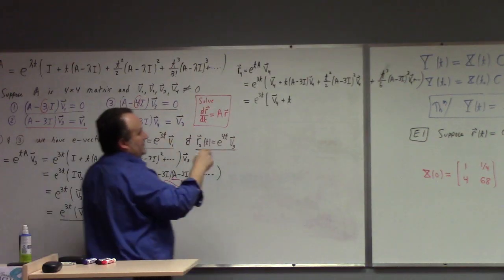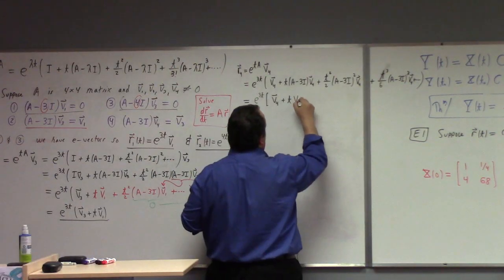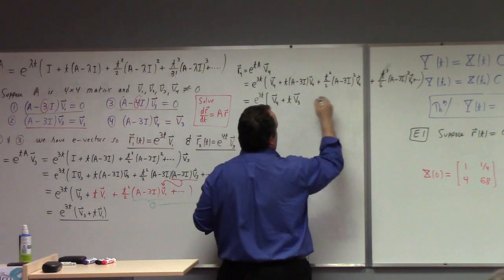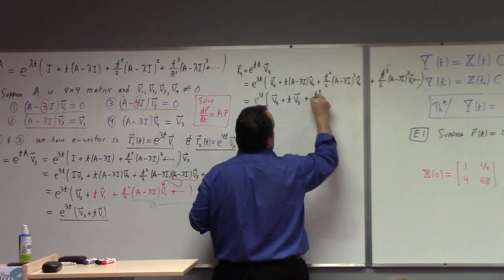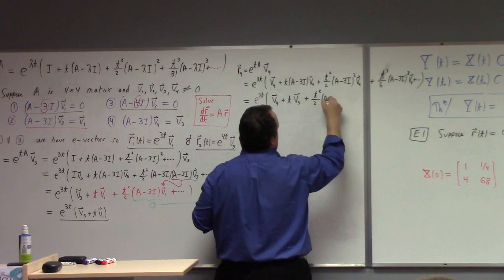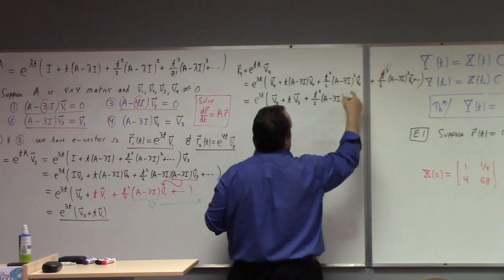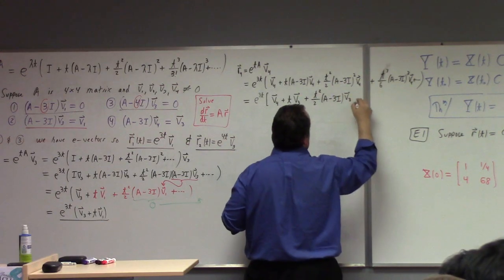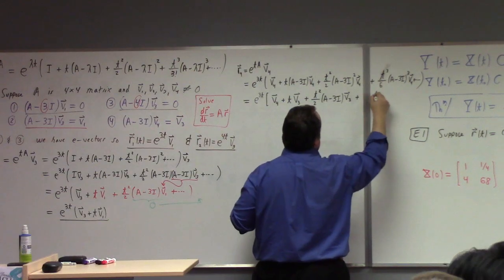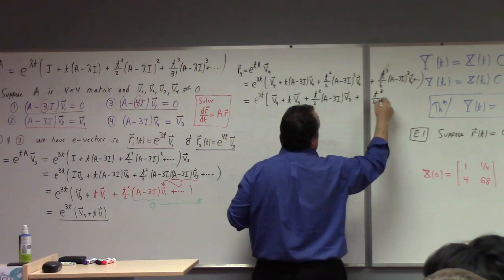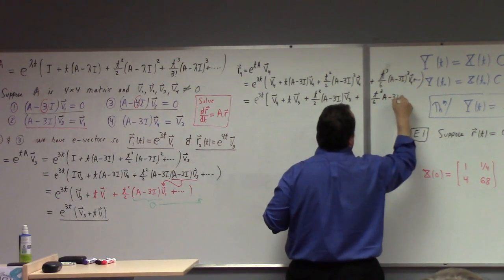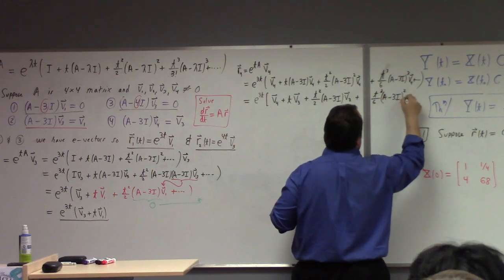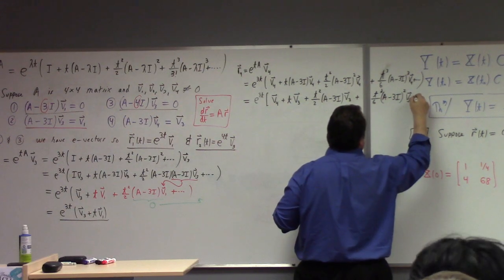Oh, that's t times v3? Okay, cool. And then what's this? Plus t squared over 2, A minus 3I times what? Use up one of them to make it into a v3, right? But we still got a copy of the matrix.